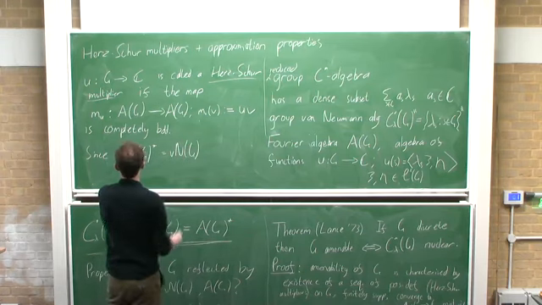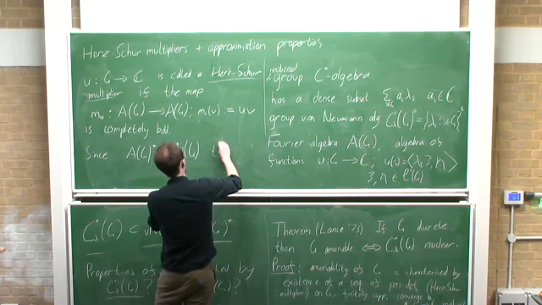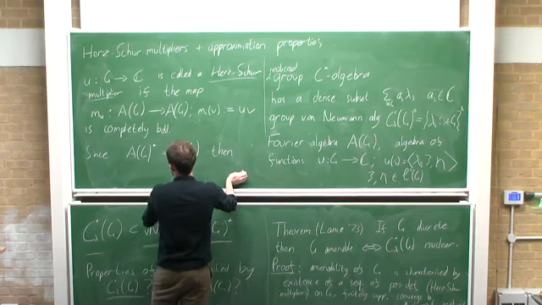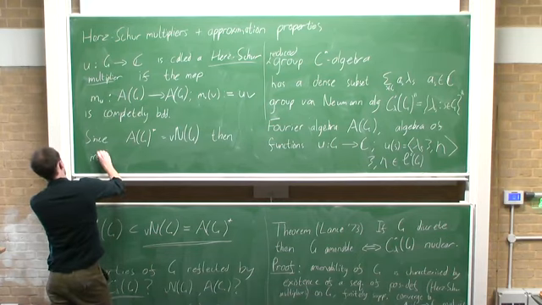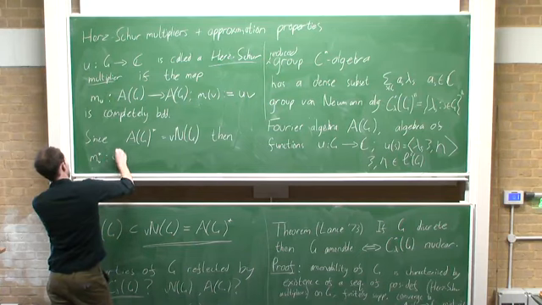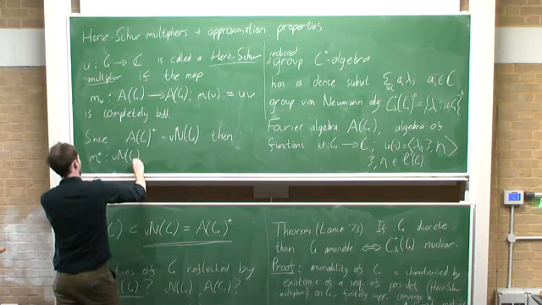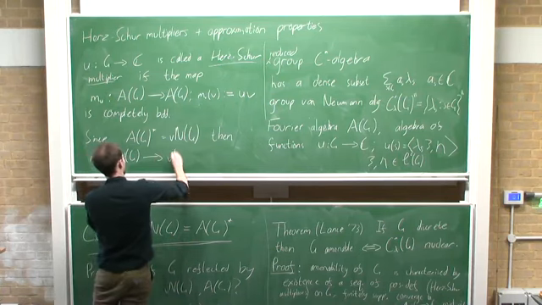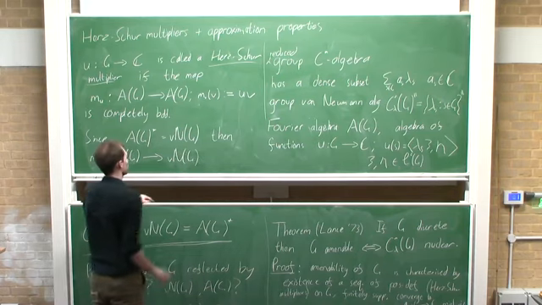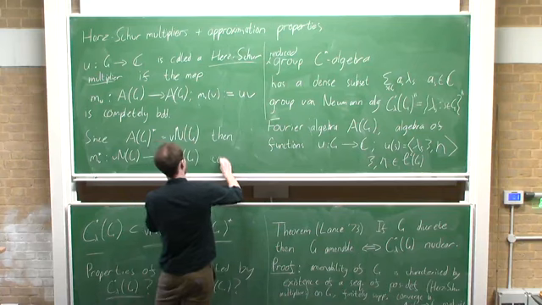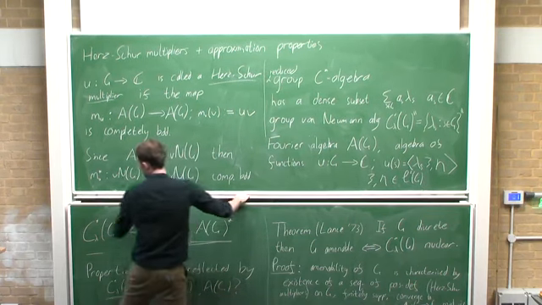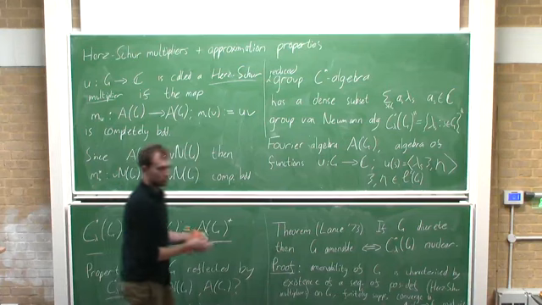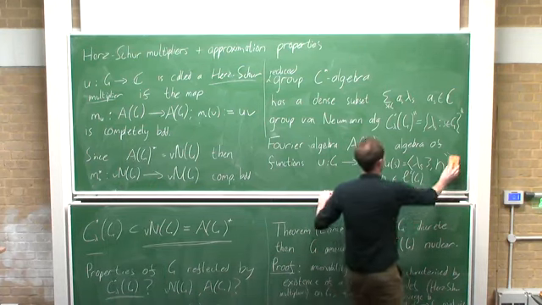Since we have this duality, the adjoint M_U star is a map on the group von Neumann algebra. It's completely bounded. And it's very straightforward to calculate how it acts.